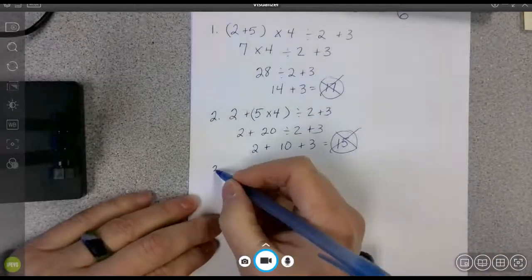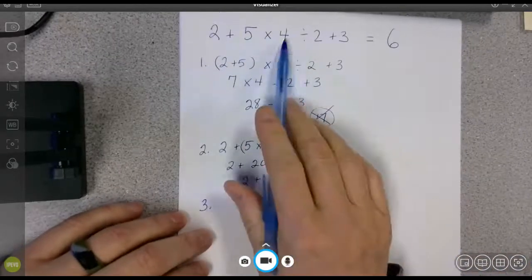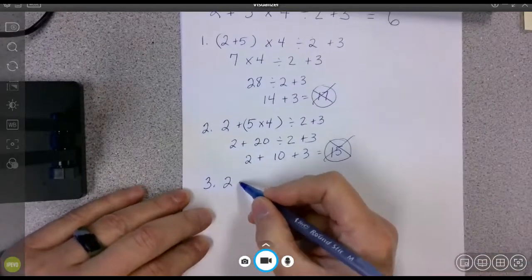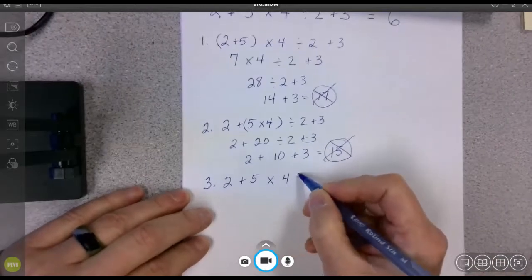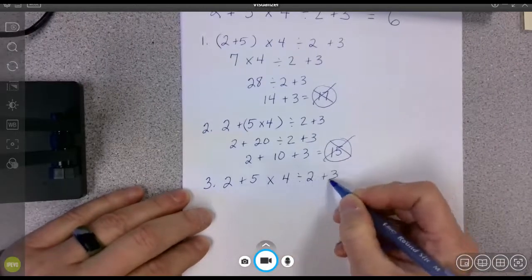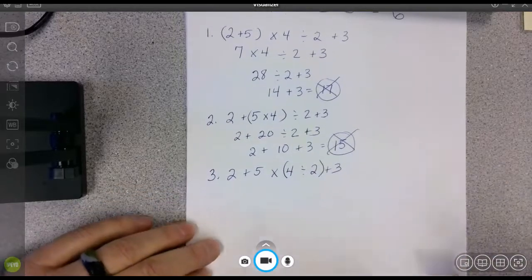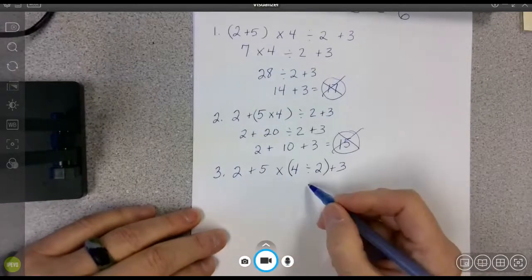Okay, number 3. Let's try the third different step. Let's try putting the parentheses around the 4 and the 2. So I'm going to do my parentheses first. So 4 divided by 2 is 2.